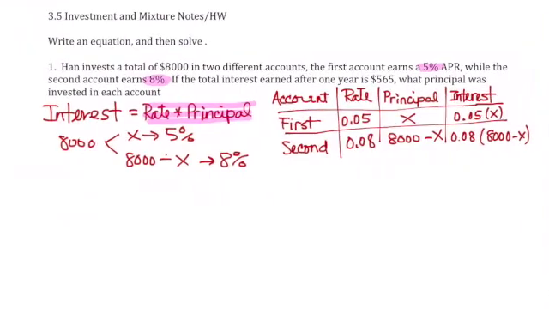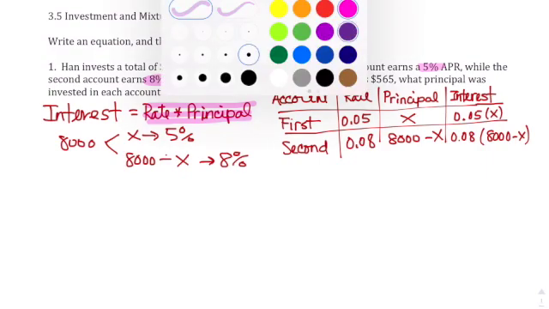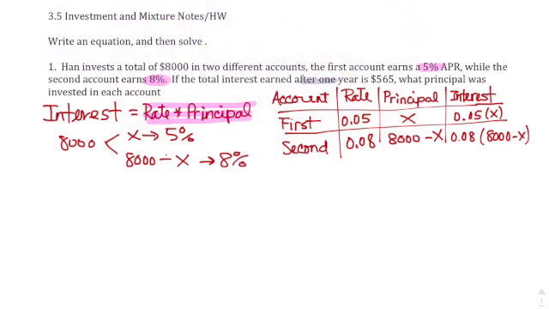That's just writing it. Now here's another piece of information. They say the first account and the second account together have an interest after 1 year of $565. So that means this guy plus this guy together is going to be a total of $565.